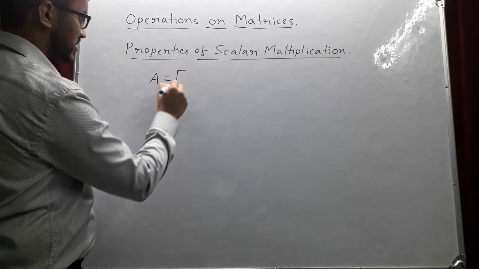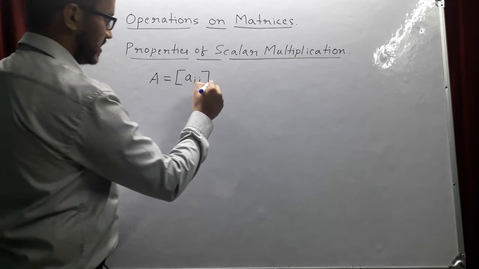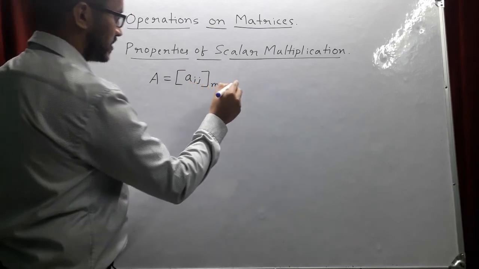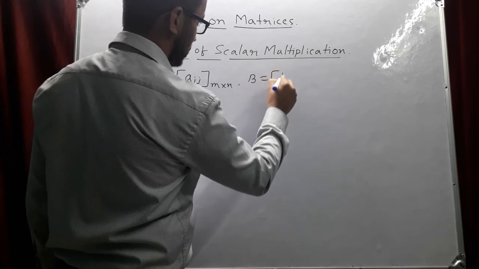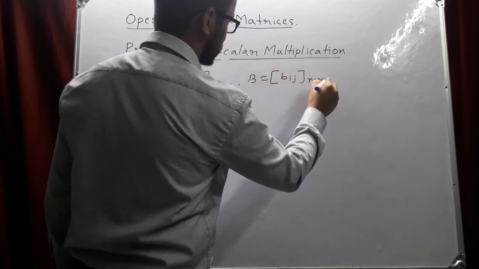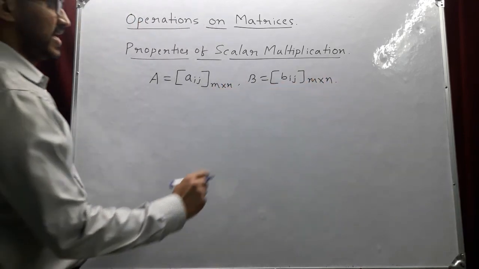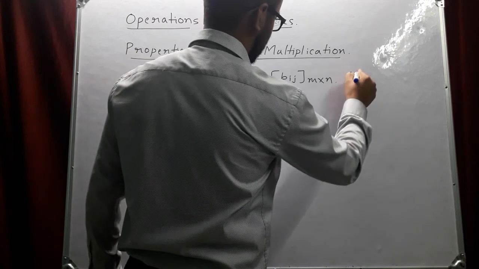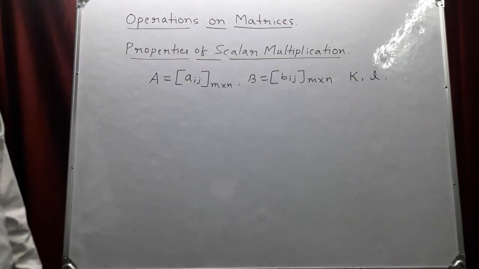A is the matrix of the order m by n, and consider the matrix B, which is also of the same order, say m by n, and consider the scalars k and l to be any two scalars.